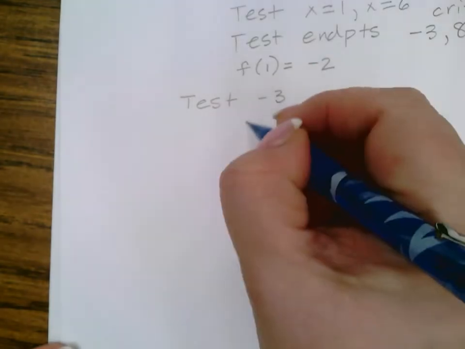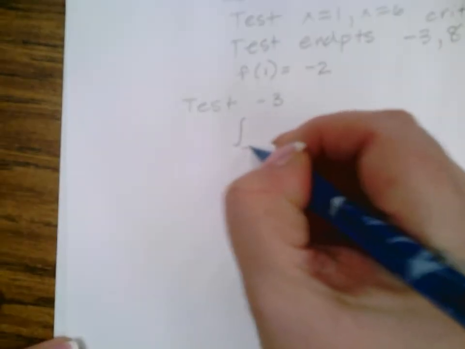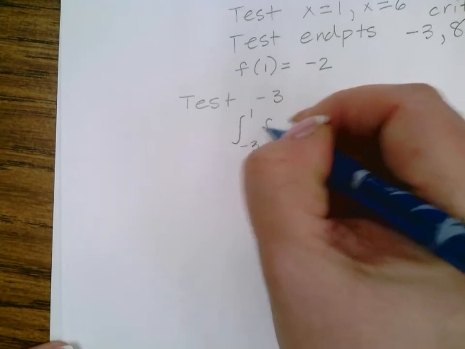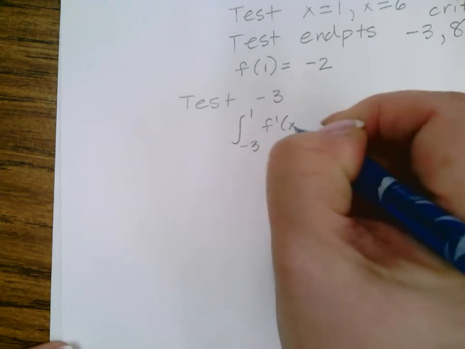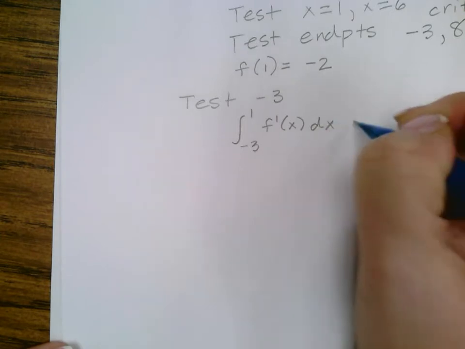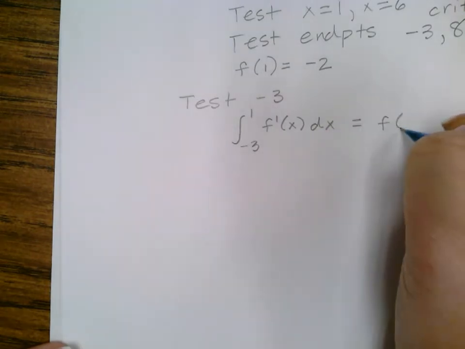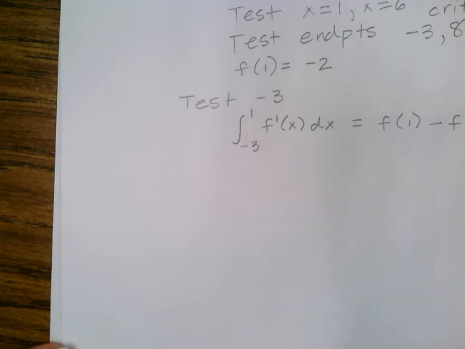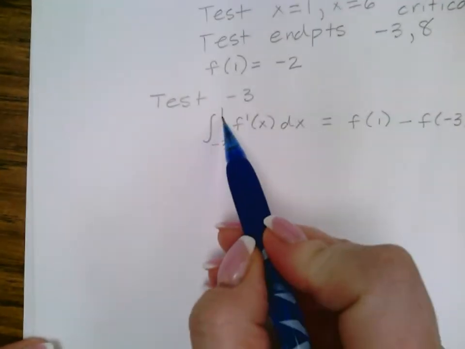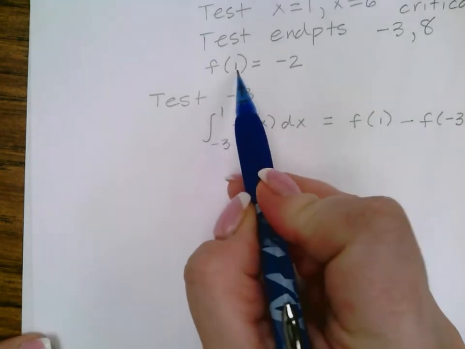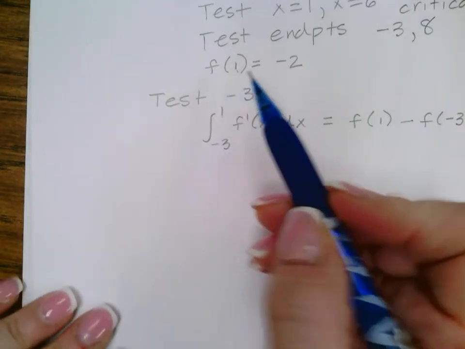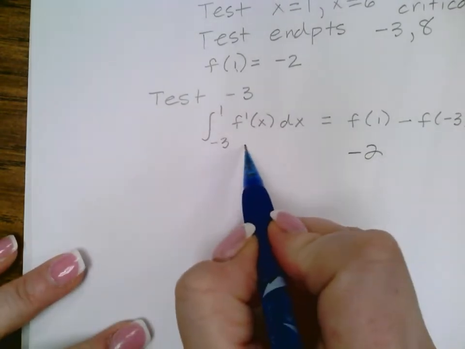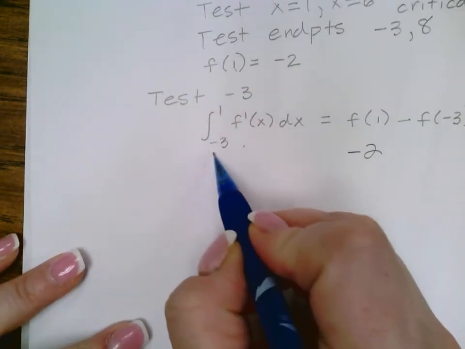And in doing so, I had to integrate from -3 to 1 of f prime of x dx and use the fundamental theorem of calculus. Now, why did I choose 1? Because I knew what f of 1 was. That's -2. I know what this is because I can get this from the graph.